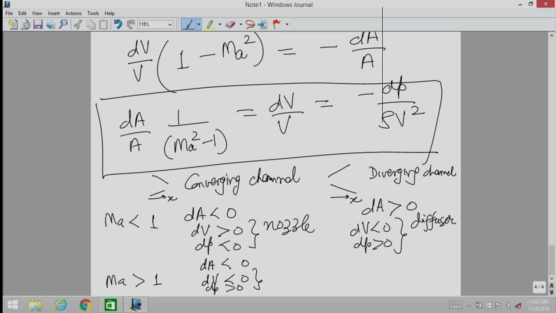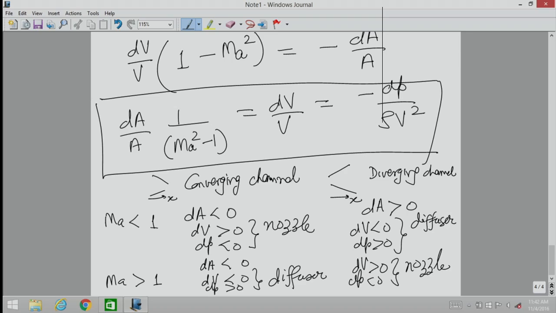Okay? So that is what happens when Mach number is bigger than 1. And so a converging channel which happens to be a nozzle for a subsonic case becomes a diffuser. And similarly, in this case, dV is greater than 0, dP is less than 0.